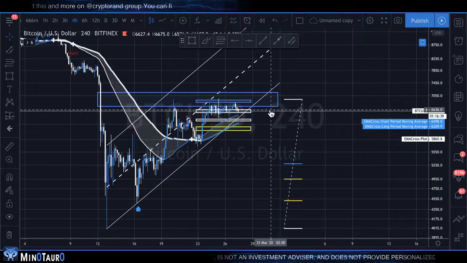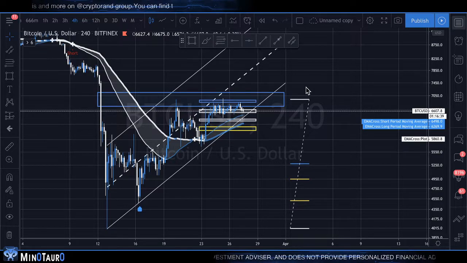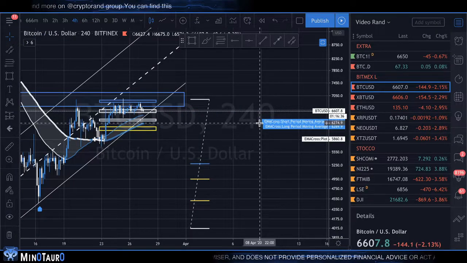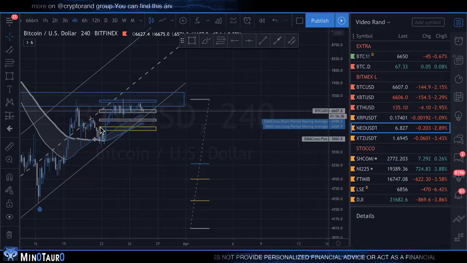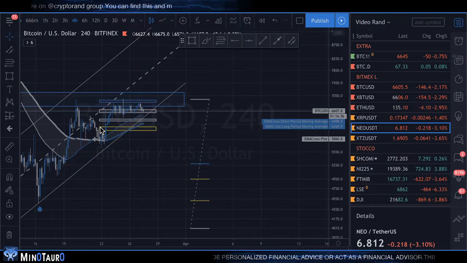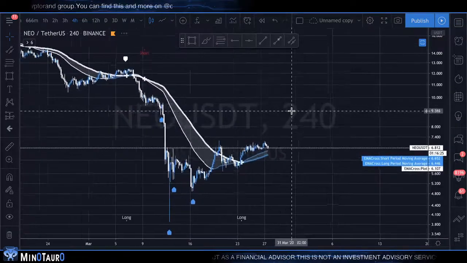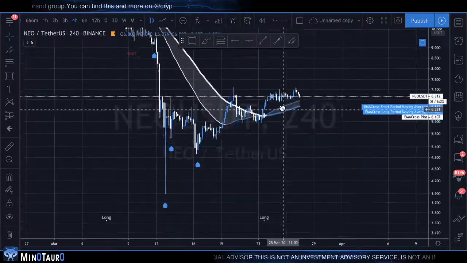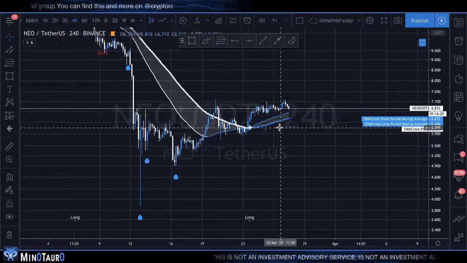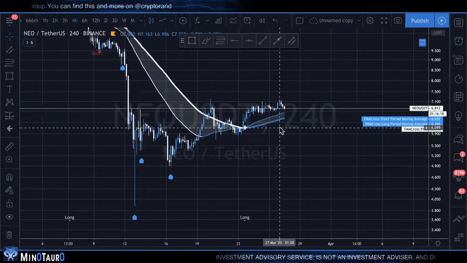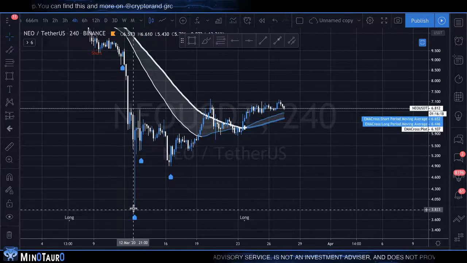Okay, now let's chart a little bit of coins that are not Bitcoin. NIO, the Ethereum from China. Almost the same situation as BitMEX, because this is completely out of the uptrend.